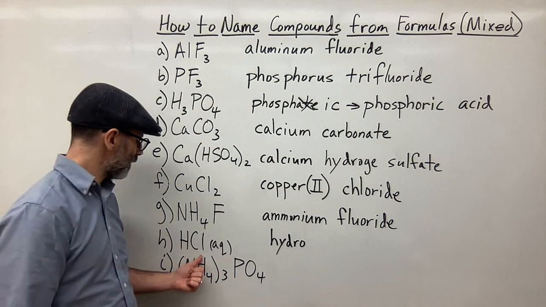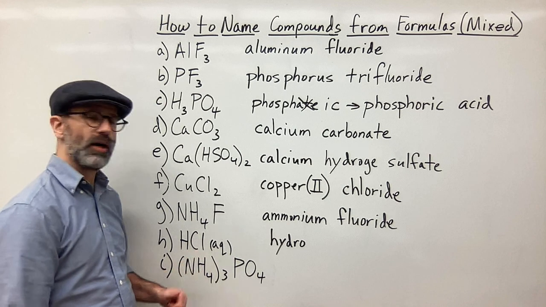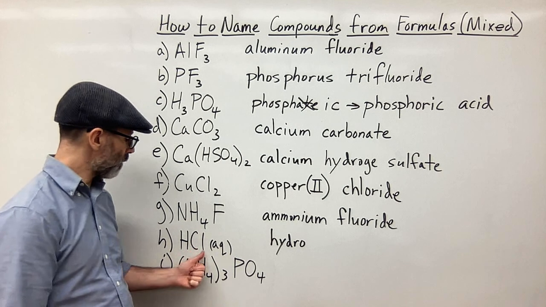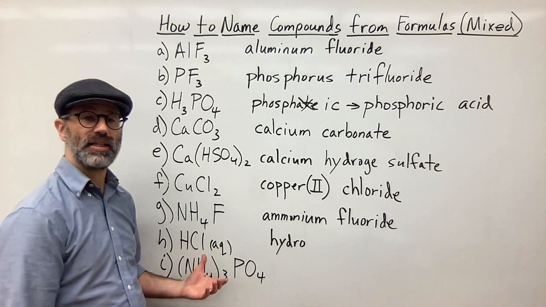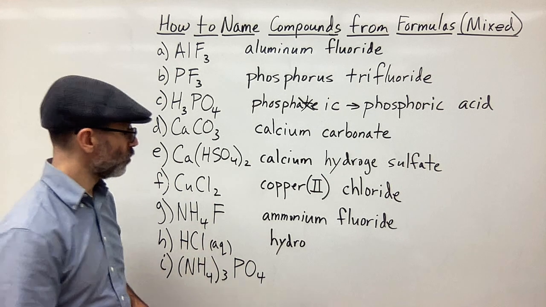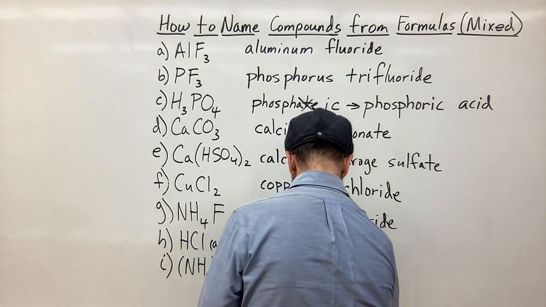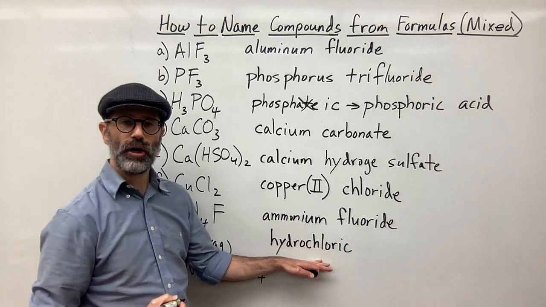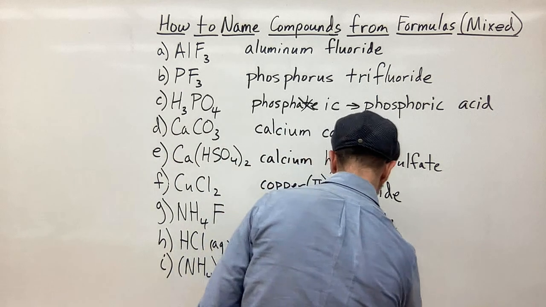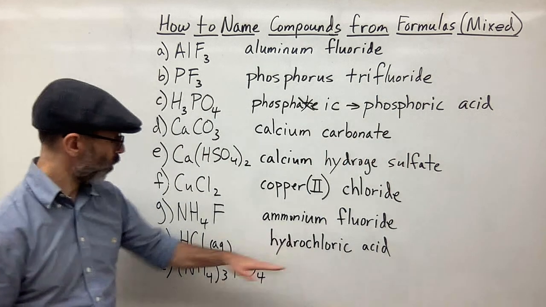And then we add this second part, which is the second element. And remember, again, we're going to drop the ending of chlorine and add IC. So we're going to add chloric. So not chlorine, but chloric. And it's all one word. So we have hydrochloric, and then we just add the word acid. So hydrochloric acid.